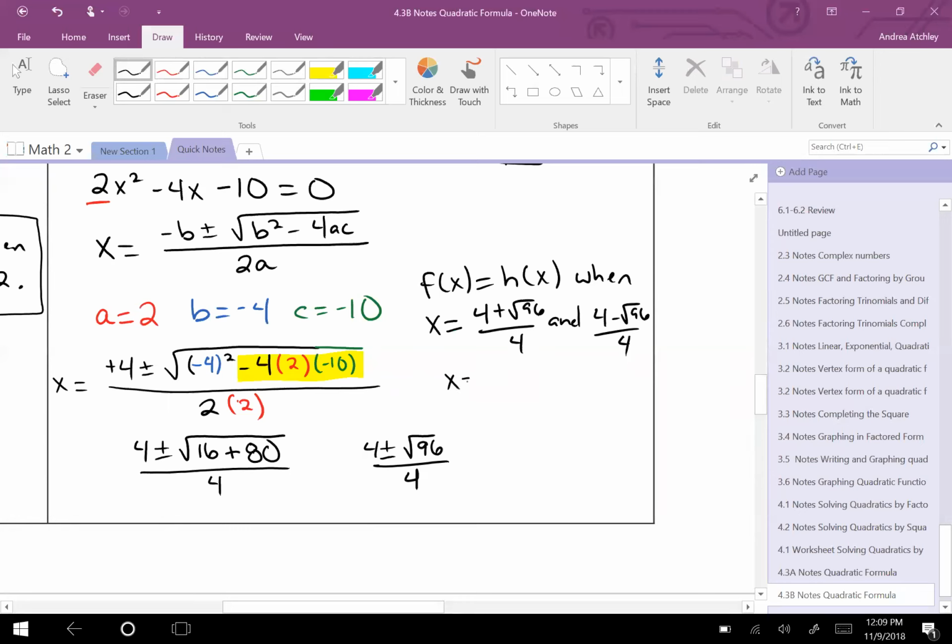And that gives me x is about 3.4 and negative 1.4. Any questions on that? We're doing good? Okay, on the back.